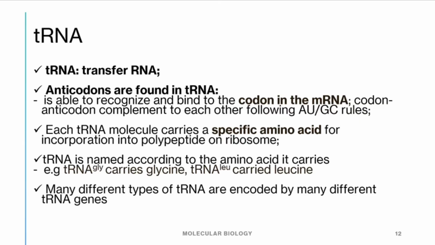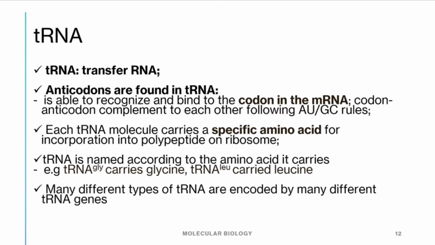Now tRNA molecules usually carry a specific amino acid which corresponds to the anticodon that is on the tRNA molecule. So a tRNA molecule is going to go into the ribosome, try to base pair with the codon that is in one of the sites on the ribosome.